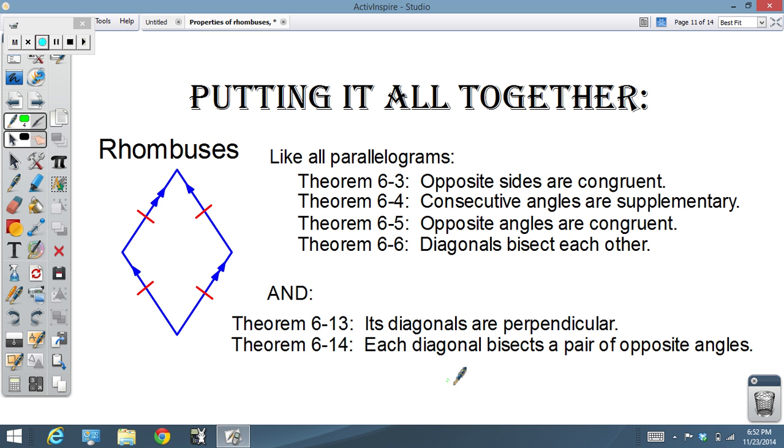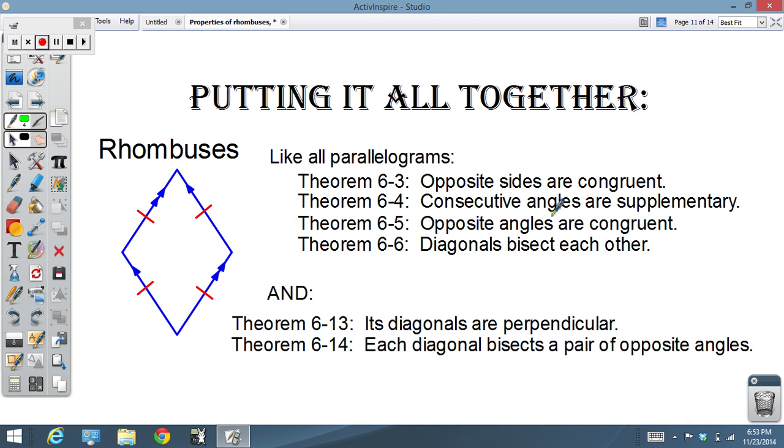Putting it all together, summary sheets. Next three pages, you might just want to make a little important note of this. Rhombuses have all the properties of all parallelograms. So those theorems apply, and we know that opposite sides are congruent. Well, duh, for a rhombus all four sides are congruent, so obviously opposite sides are congruent.